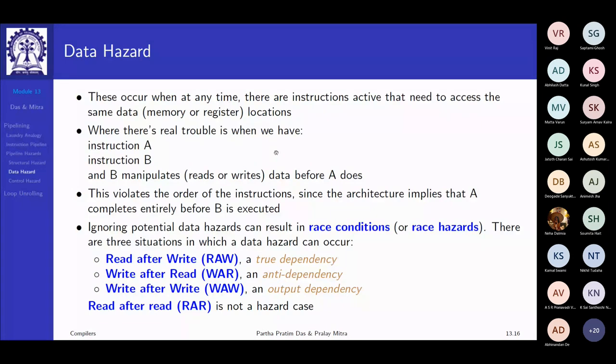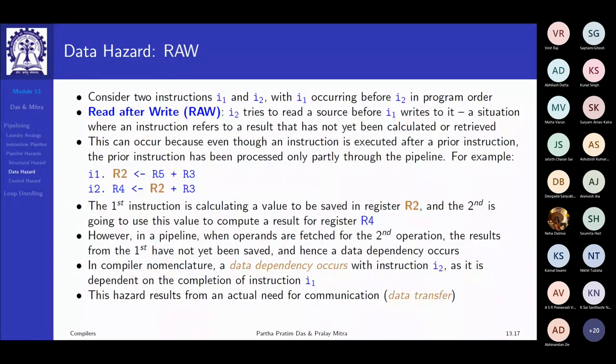Let us look into these hazards one by one. Let us look at read after write. We have 2 instructions, I1 and I2. I've written it in generic form: R5 plus R3 are added and written to R2. And in instruction I2, R2 is read, added with R3 and written to R4.